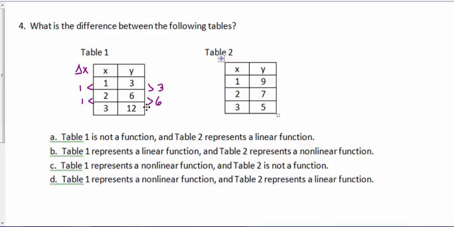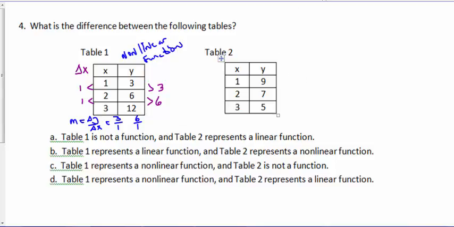Well, if we're looking at slope for this one, change in y over change in x, that's 3 over 1 and 6 over 1. You can see that they will not simplify down to be just 3. So we have 3 and 6. So that particular one, well, the x's don't repeat. So therefore, this one would be a nonlinear function.